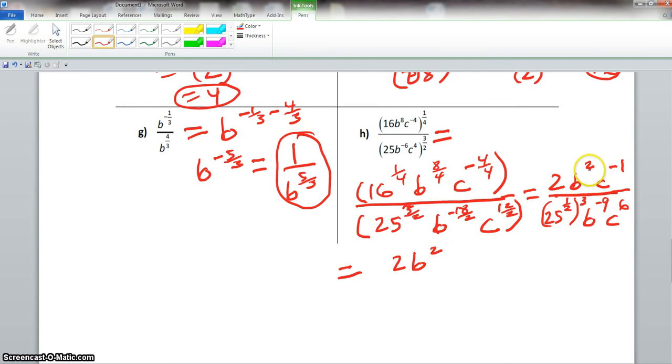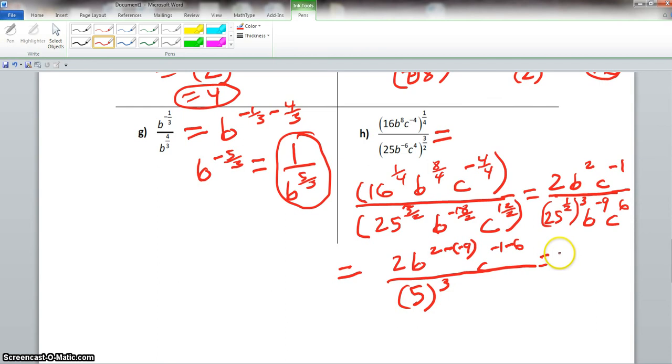Actually, we would have 2b squared minus a negative 9, because these have the same base, and you would subtract the exponents. And then we would have c to the negative 1 minus 6. All over 25 to the 1/2 power, we know is 5, and that would be to the third power.